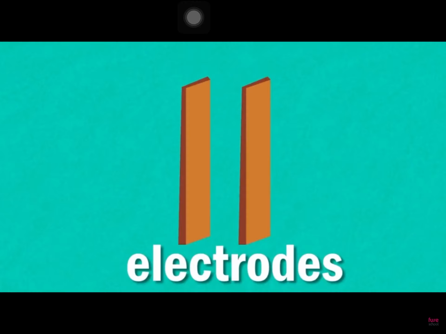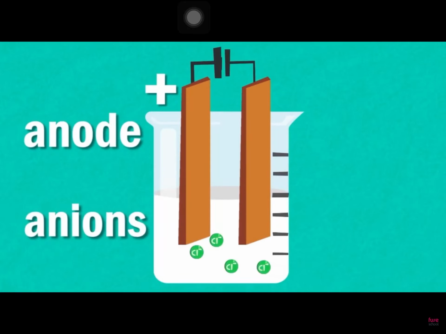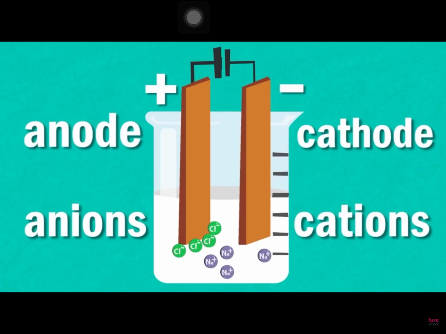There are special names for the electrodes, which are usually metal plates with a larger surface area than a piece of wire. The positive electrode is called the anode, it attracts anions, and the negative electrode is called the cathode, it attracts cations.